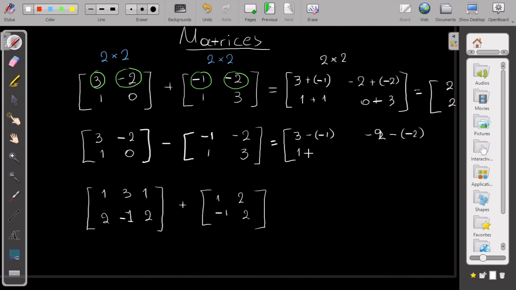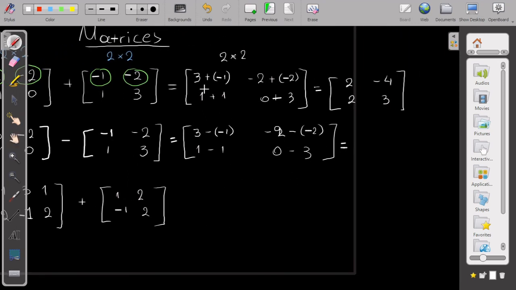The other element 1 minus 1 and 0 minus 3, and the answer is going to be easily 3 minus minus 1 is 4, and minus 2 plus 2, 0, 1 minus 1, 0, minus 3.